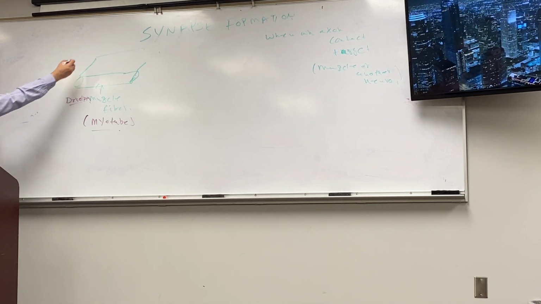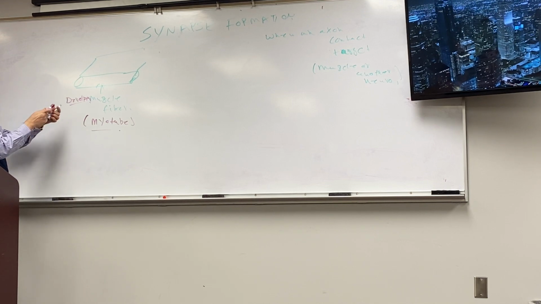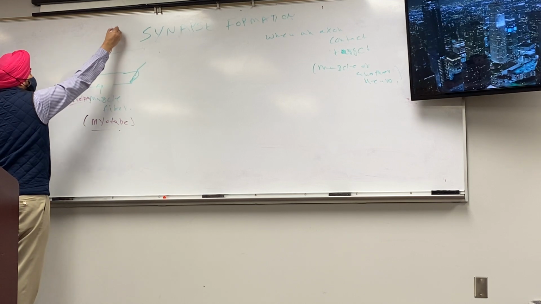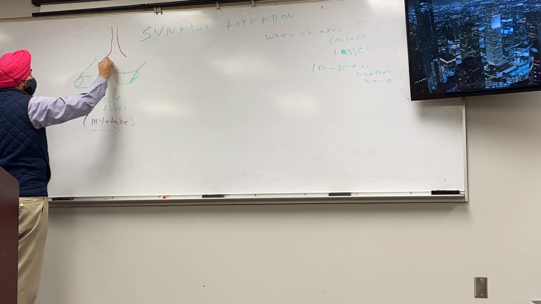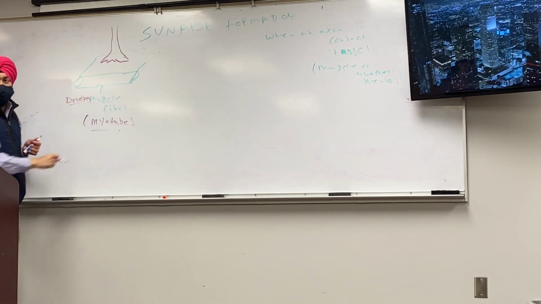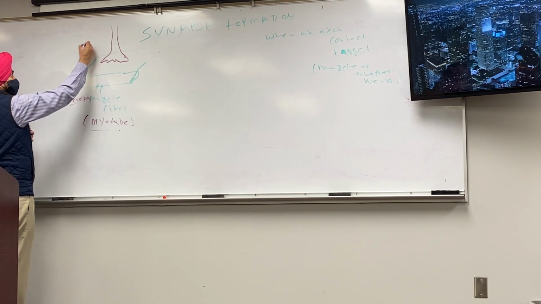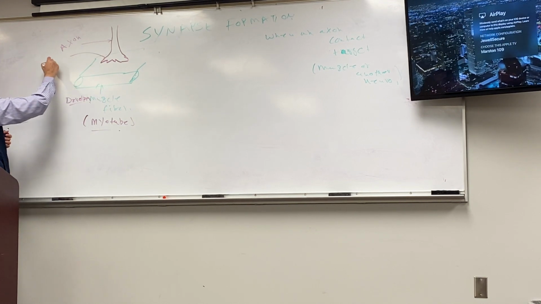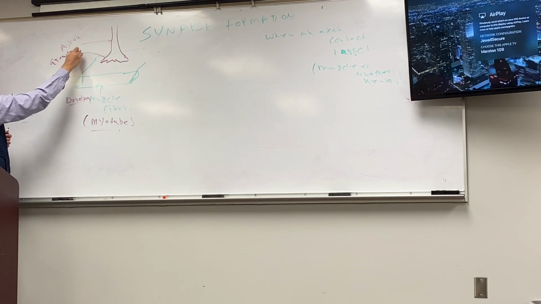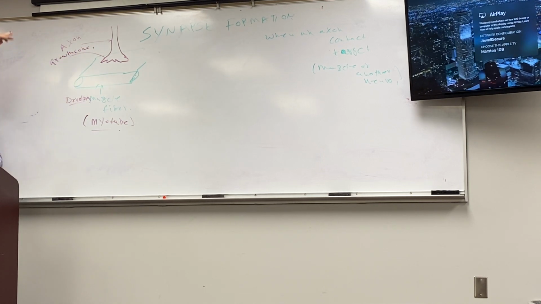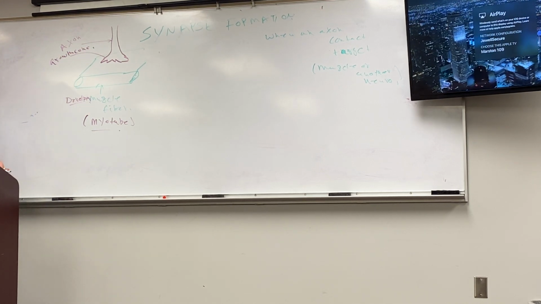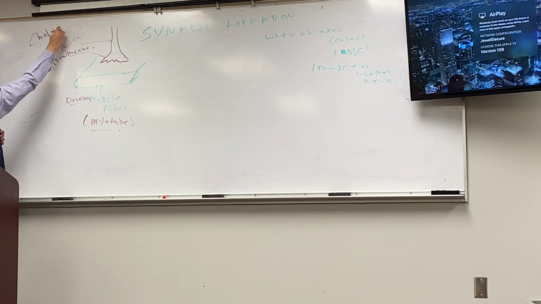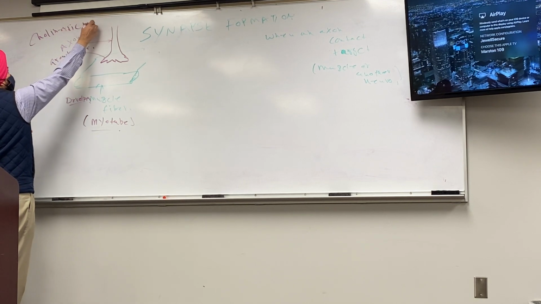Okay? So, for example, let me draw it here. Say this is the axon, and this is the growth cone there, right? So this is the axon. And all those neurons which are impinging on the skeletal muscle are cholinergic neurons.